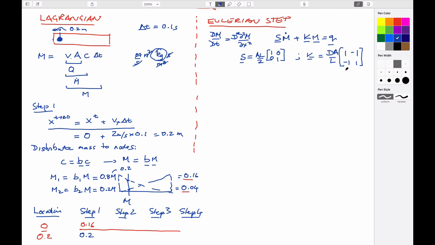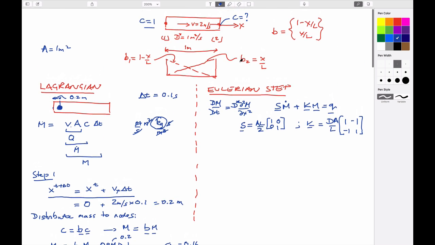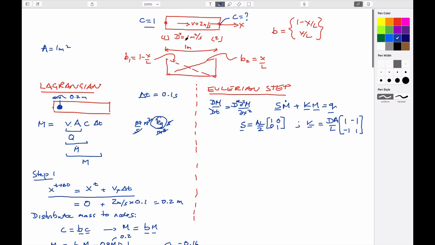And so what we could do is write that out in longhand for this one-dimensional system with just two nodes. In terms of these terms, it's going to be AL over 2 times [1, 0; 0, 1] multiplied by the masses at nodes 1 and 2.